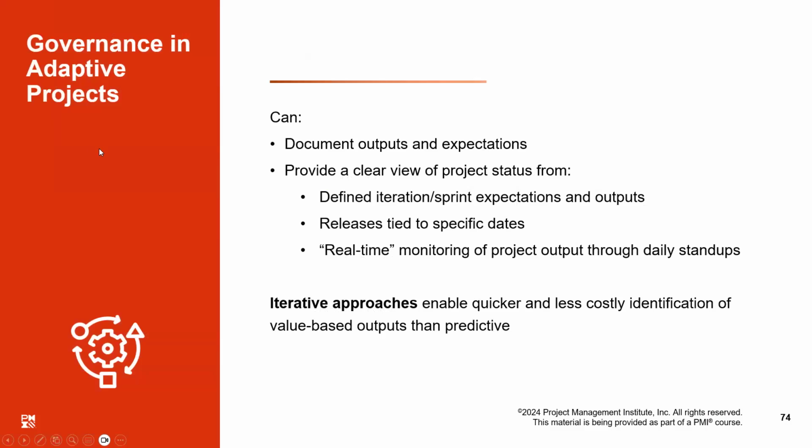Now, as far as adaptive or agile projects are concerned, the process of governance is slightly different, because you can't have an upfront plan that this is how things will be done. In adaptive projects, things are done differently. For example, we have a very small team and they work in a very small duration.